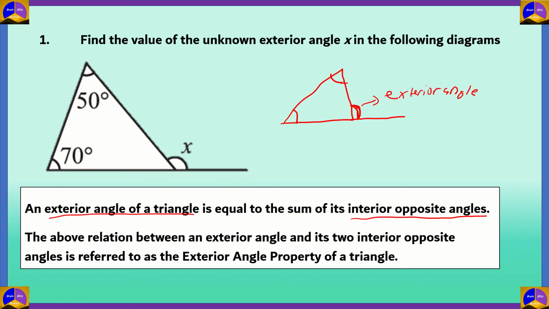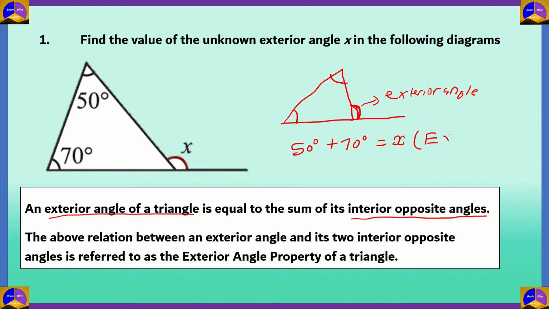If we look at this figure closely, we can see that angle x forms the exterior angle, while 50 degrees and 70 degrees form its interior opposite angles. So according to the exterior angle property of a triangle, 50 degrees plus 70 degrees is equal to x.